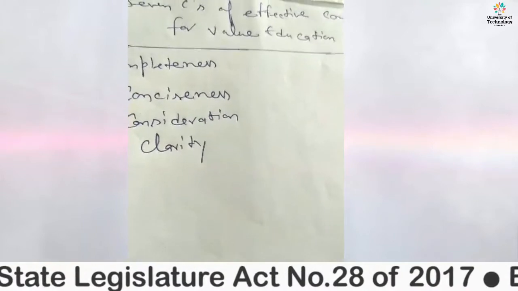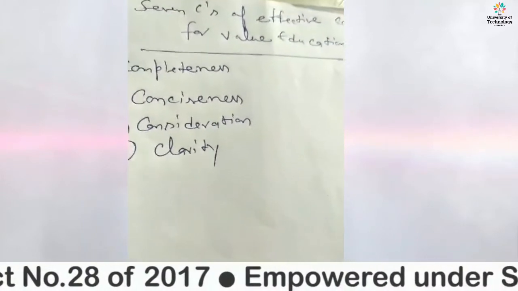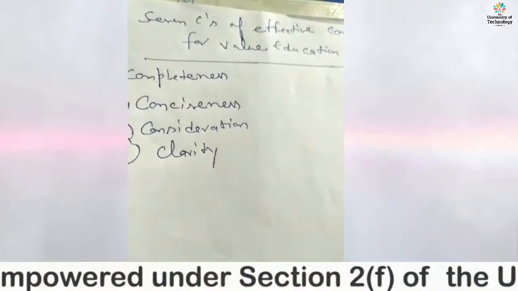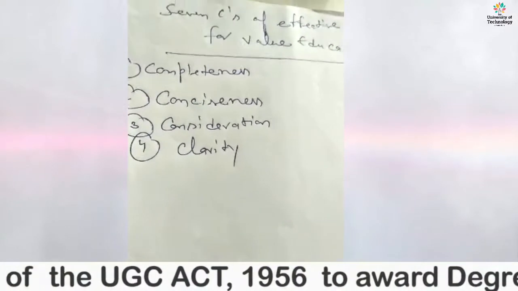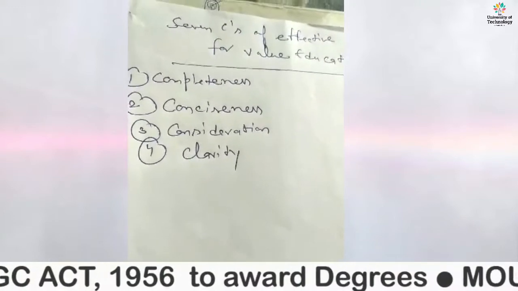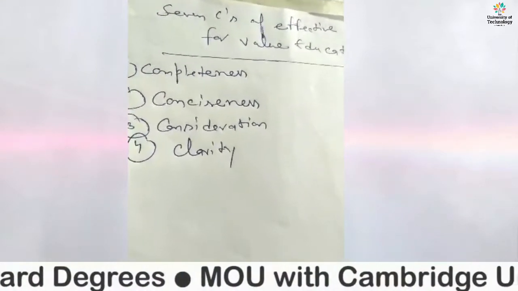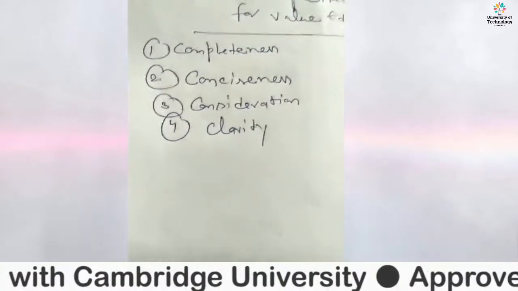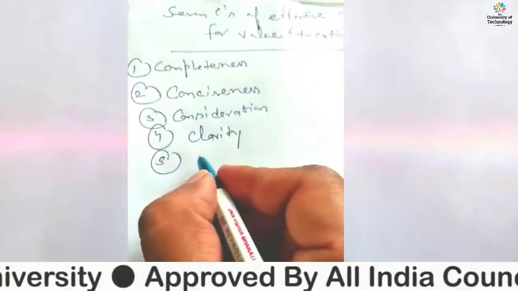Clarity implies emphasizing a specific message or goal at a time rather than trying to achieve too much at once. Clarity in communication has the following features. It makes understanding easier. Complete clarity of thoughts and ideas enhances the meaning of the message. A clear message makes use of exact, appropriate, and concrete words.